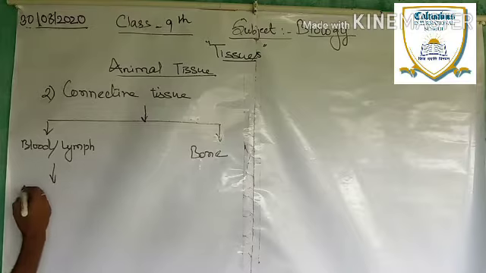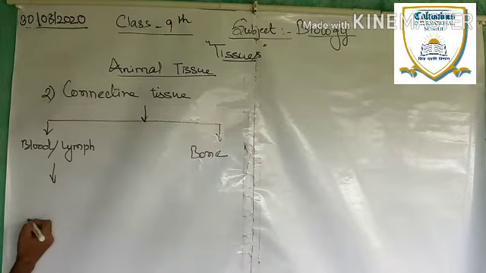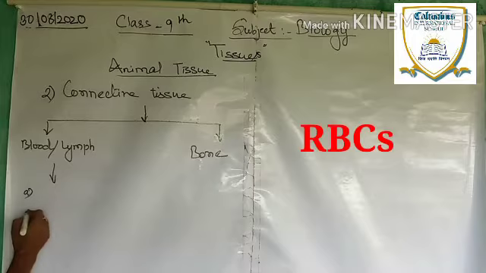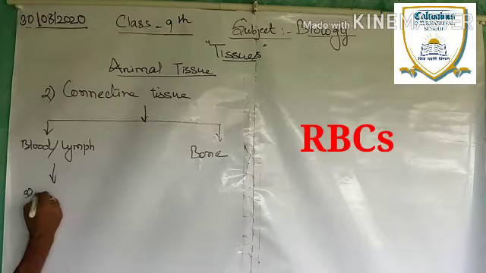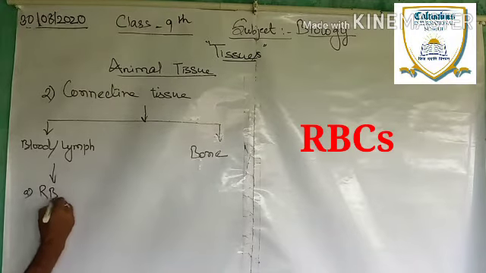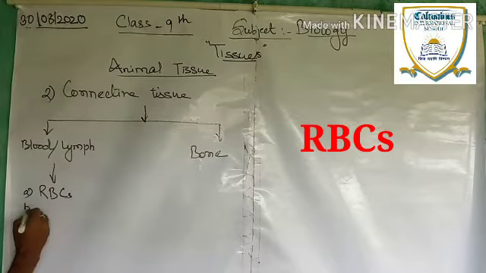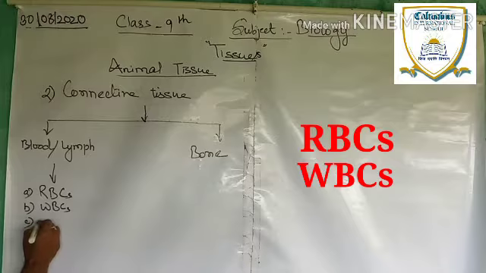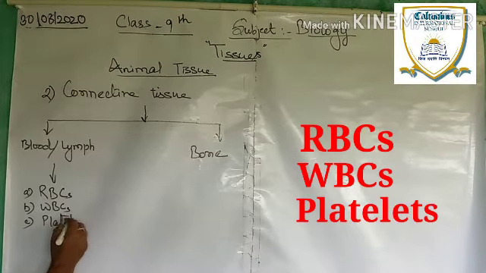Blood is a connective tissue, fluid connective tissue, which is made up of three types of cells, which are erythrocytes, leukocytes, and thrombocytes, which we also call RBCs, WBCs, and platelets.